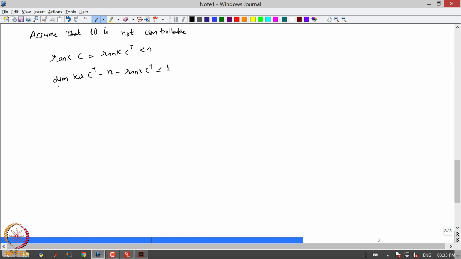Now, let us say there is an element x that belongs to the kernel of C transpose, which means that C transpose x can be written as, C is again the controllability matrix, B transpose, B transpose A transpose, B transpose A transpose square all the way till B transpose A transpose to the power n minus 1 times x.